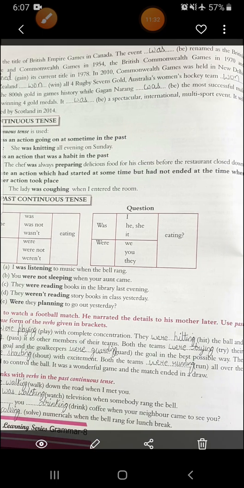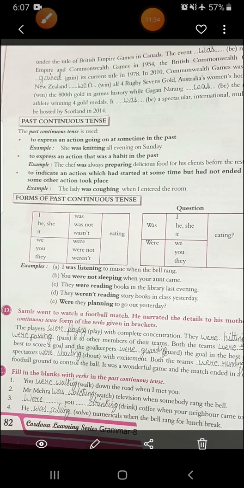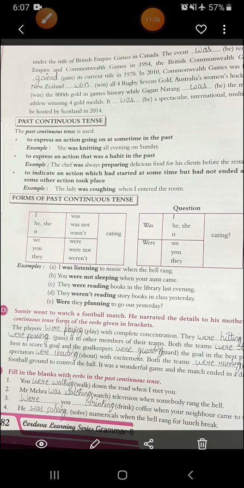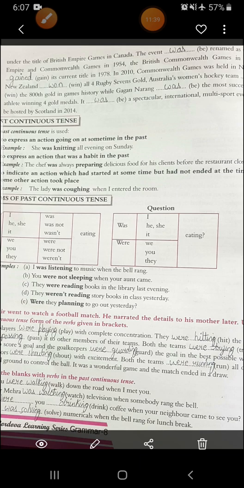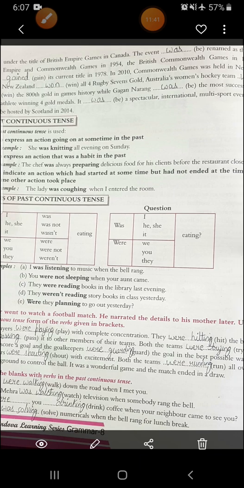Both the teams were running all over the football ground to control the ball. It was a wonderful game and the match ended in a draw. So you can see in the whole paragraph that everything was in plural. The subjects were plural, so that's why we have used were and then verb ing form. I hope this is clear to you all.